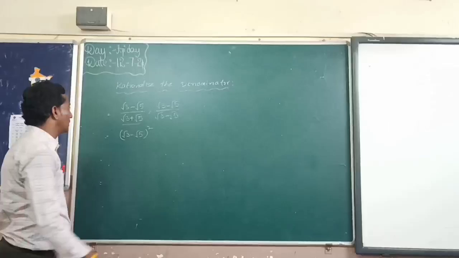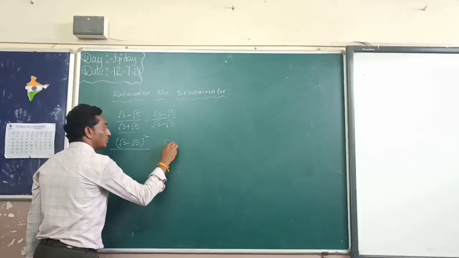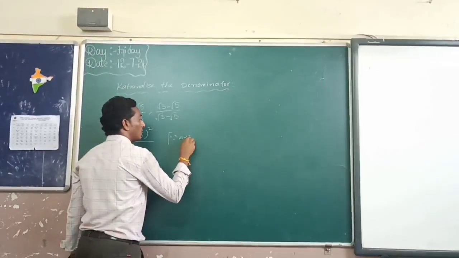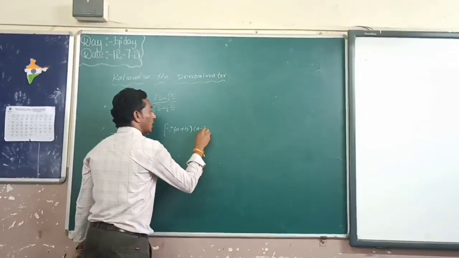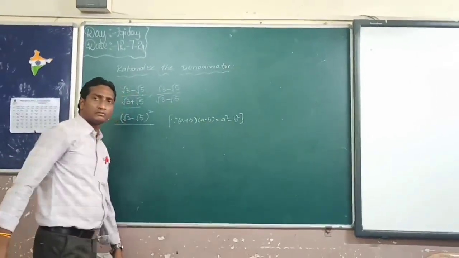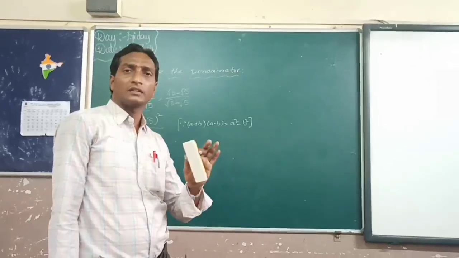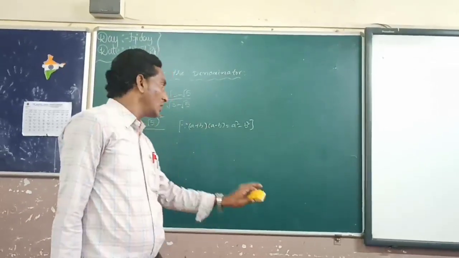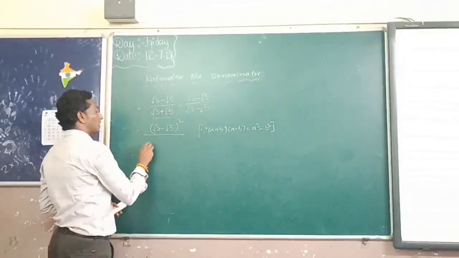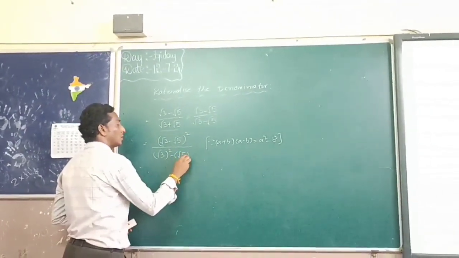In the denominator, as we have done in the previous problem, it is in the form a plus b into a minus b equals a square minus b square. For any denominator we take the rationalizing factor by using this identity. So root 3 whole square minus root 5 whole square.